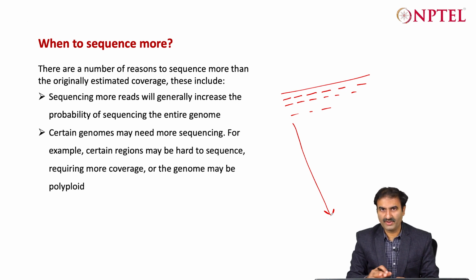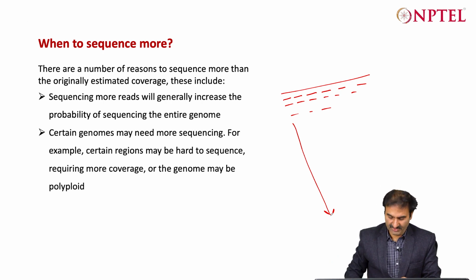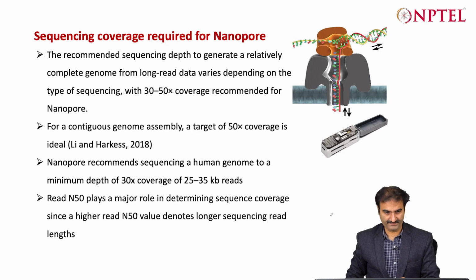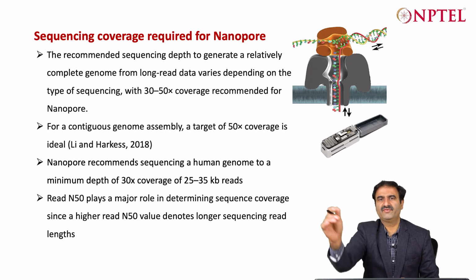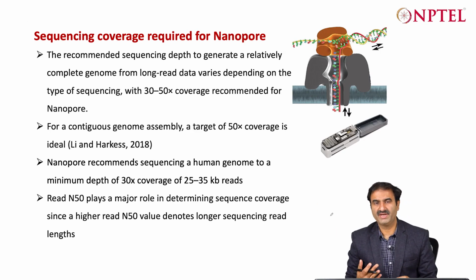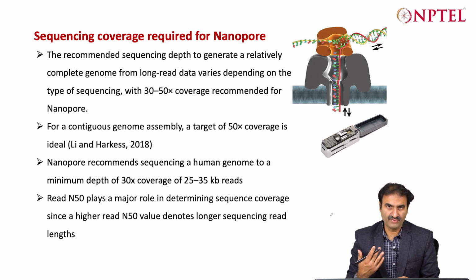And I have not covered it here, but the quality of DNA also matters, okay, because in case of nanopore or PacBio sequencing, you should have high quality and high molecular weight DNA, so that you can produce longer reads. For example in case of nanopore, as I mentioned, it should be high quality DNA and long fragments, that means high molecular weight.